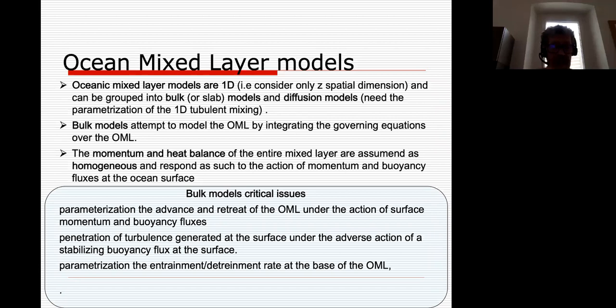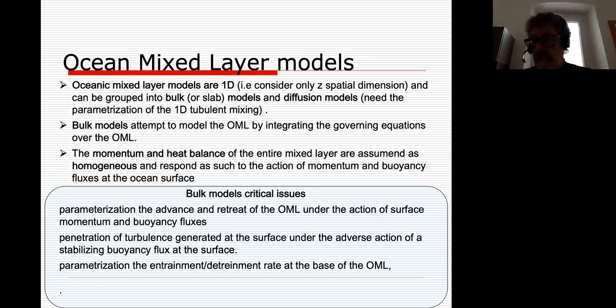Basically, the assumption is that the momentum and heat balance of the entire mixed layer are homogeneous and respond immediately, in the sense that there is no delay in the propagation of the signal along the water column, and all the action of the momentum and buoyancy fluxes at the ocean surface and at the base of the mixed layer is immediately transferred to the bulk of the ocean mixed layer.